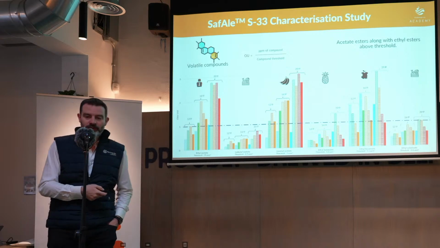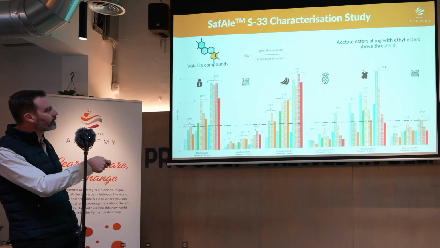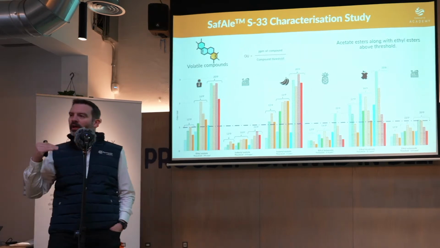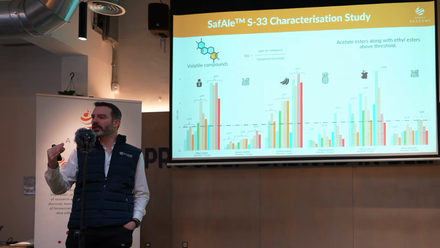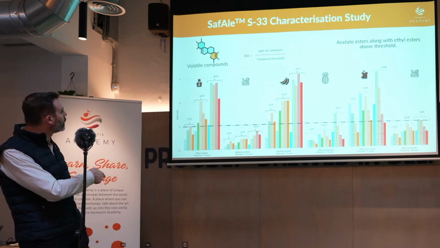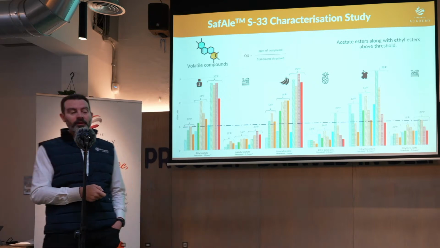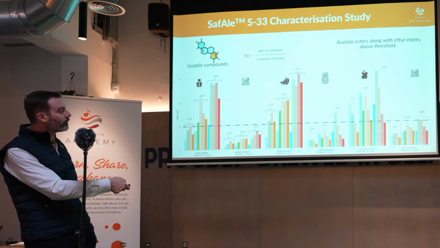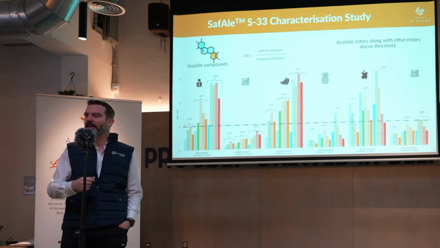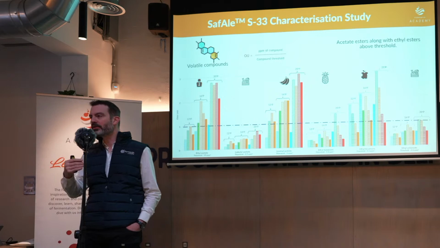And what we see here is that we have really a clear trend. The more extract you have, the more fruitiness you will get out of your beer, especially with isoamyl acetate and ethyl acetate. It's also a very interesting yeast, because here we have an ethyl ester, ethyl hexanoate, and this is very rare for Cerevisiae to produce such an ester.